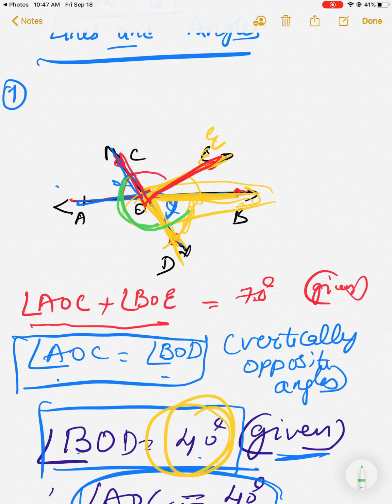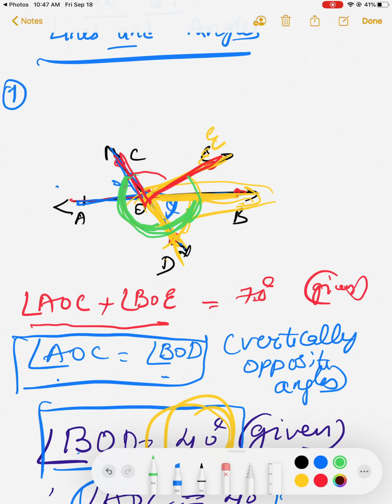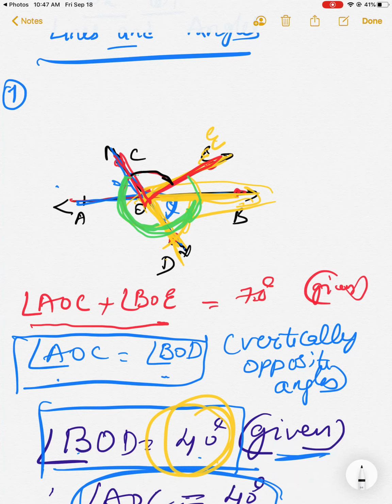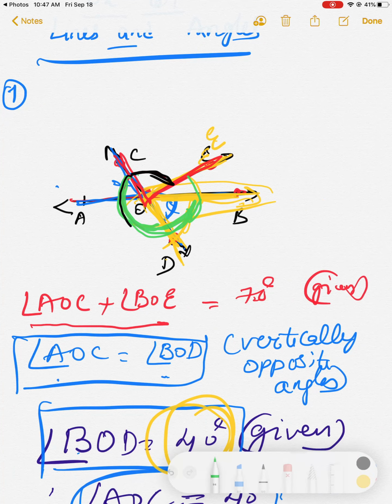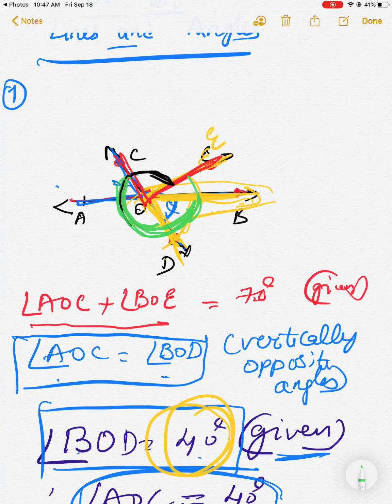This total angle, which I am showing with green, is the reflex of COE. Now this is the COE, which I will mark with the black pen. We want the reflex of COE, which is this angle I marked with the green pen. So how will it come?